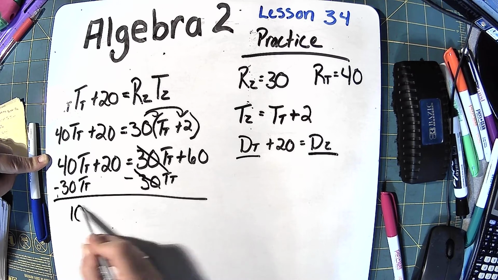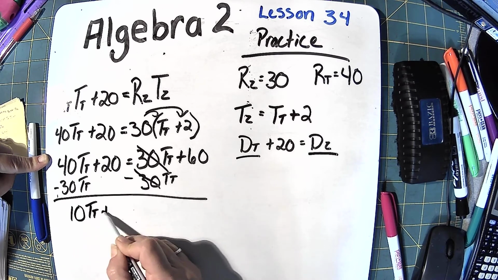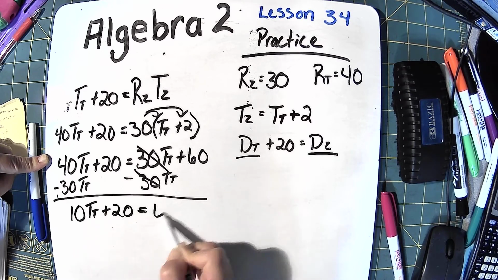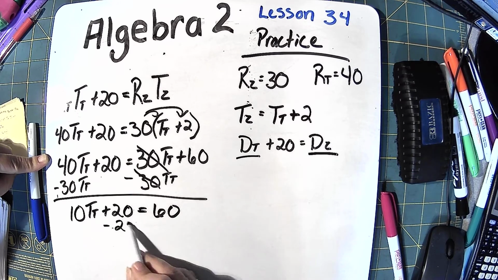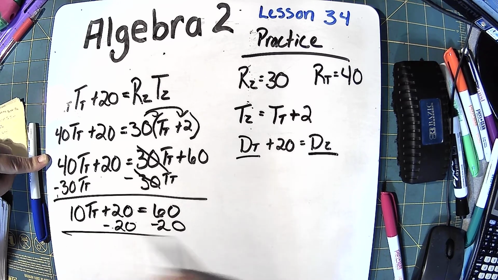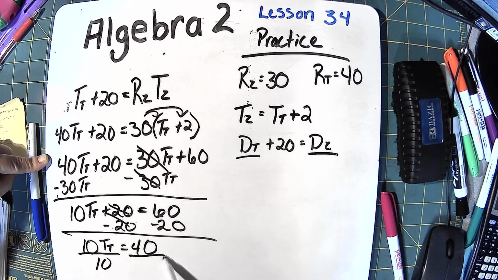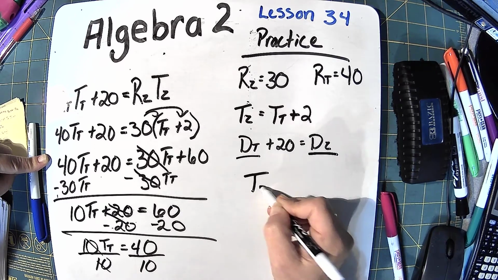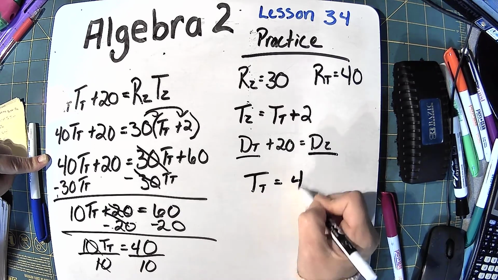We're going to get 10t plus 20 equals 60. Now we're going to get rid of this 20. 10t equals 40. Then we divide by 10. And we get the time of Tricia equals 4.